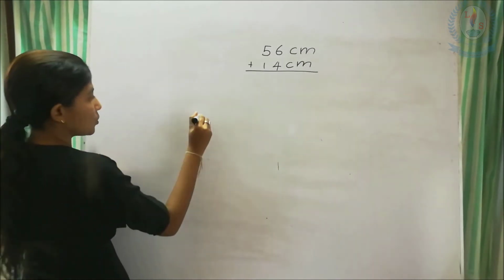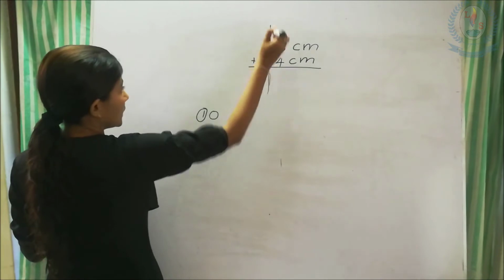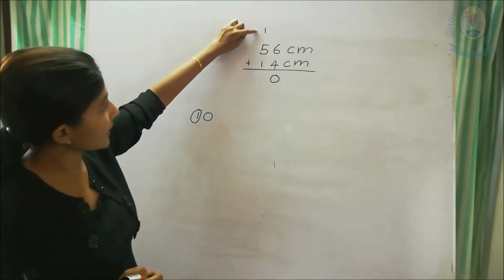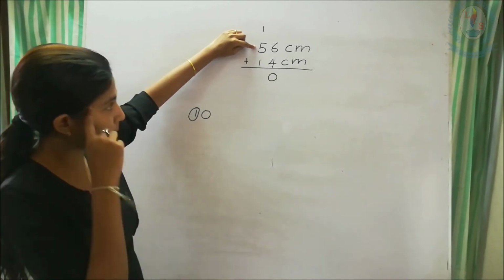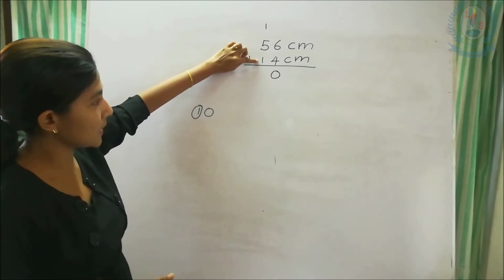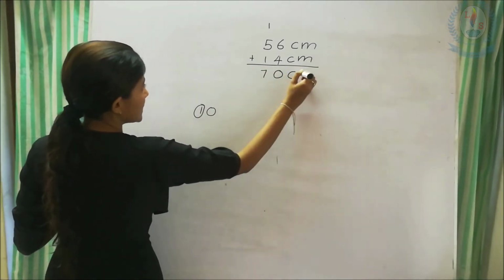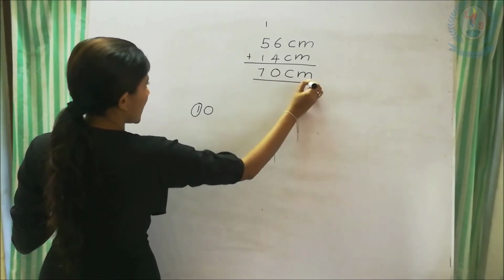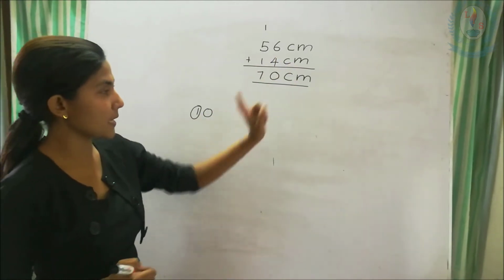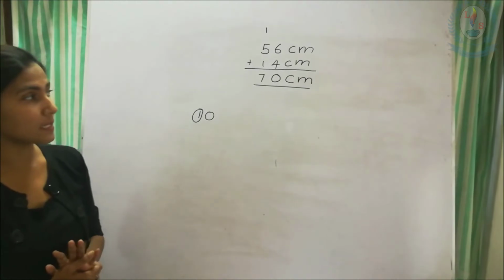Again we have 2 digits. Then what we do? We put the 1 here and put the 0 here. Then after that we add these 2. 5 in your mind, 1 finger, 6. 6 plus this one is 7. Then it is 70 centimeters. So our answer is 56 centimeters plus 14 centimeters, the answer is 70 centimeters.